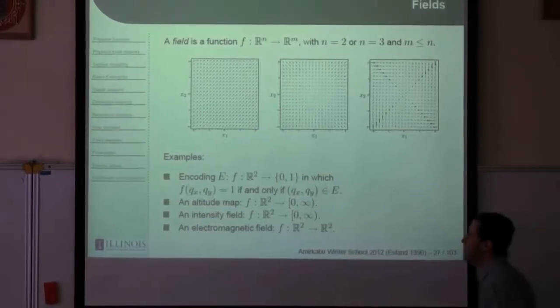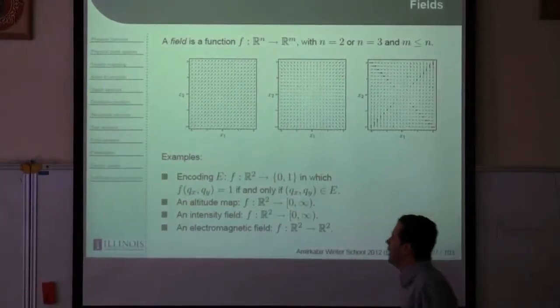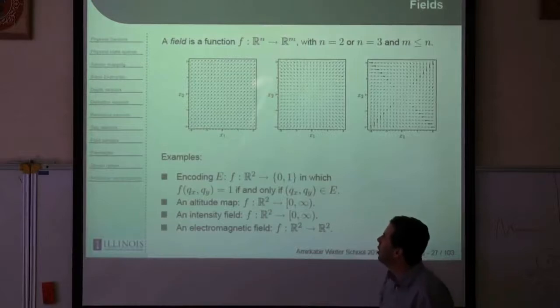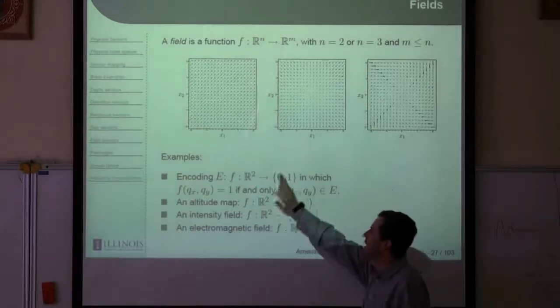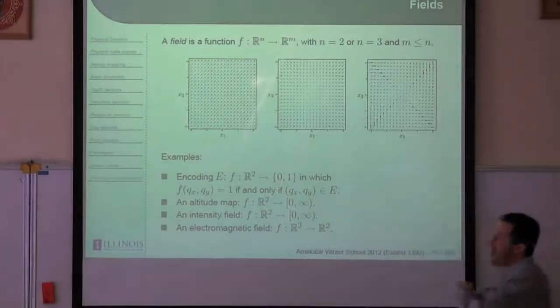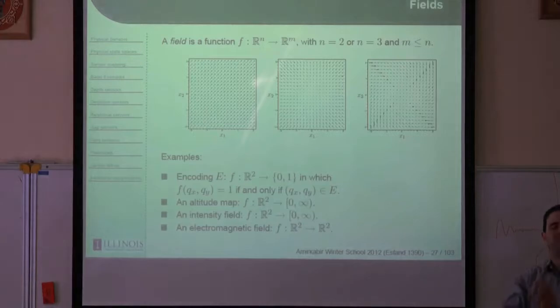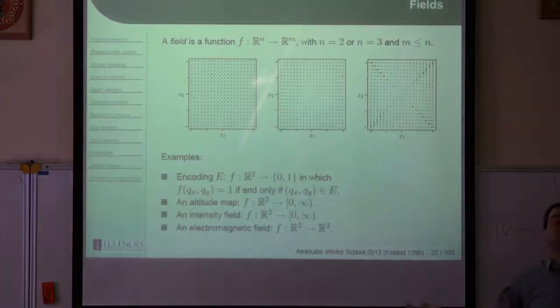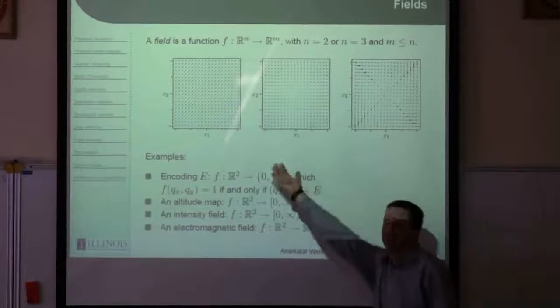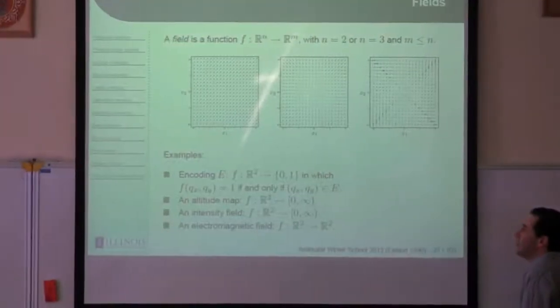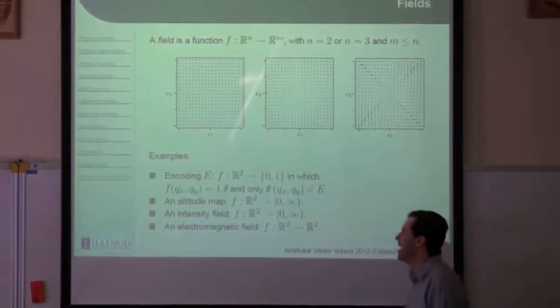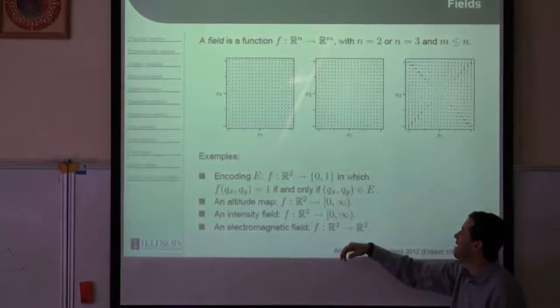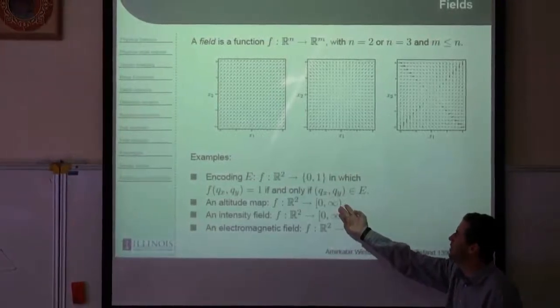I'm not talking about sensors yet, I'm sorry, I just mean there are fields in the environment. How does the field look? It looks like a needle diagram like this, and it says that at every point in the environment, maybe I have a binary value, or maybe I have a real value, like an altitude map.